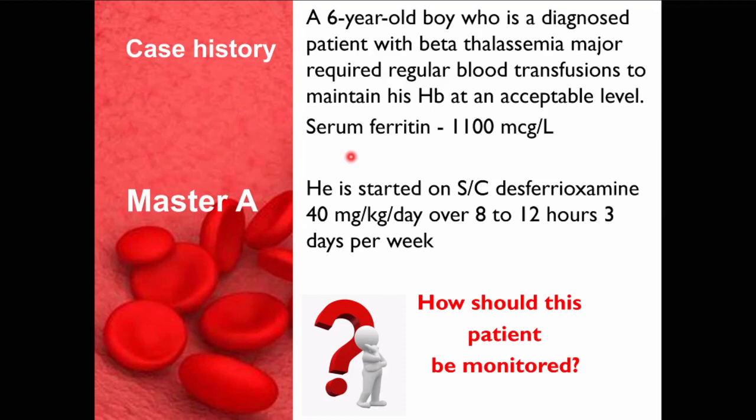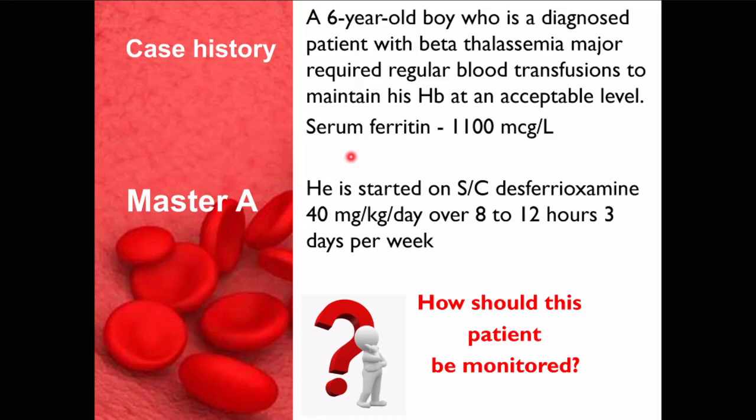Blood counts? Yes, blood counts should be monitored. In addition to that, liver functions should also be monitored because there can be an elevation in liver enzymes. So about every 3 months, if you do the liver functions, that's good.